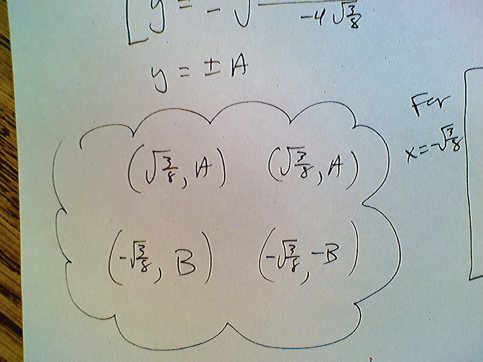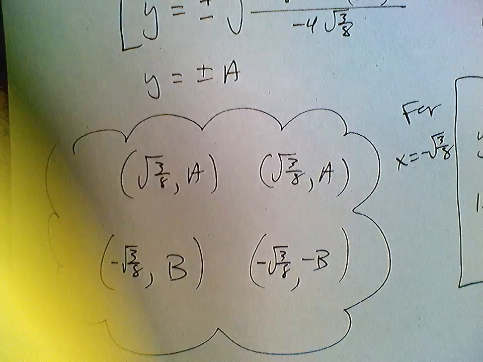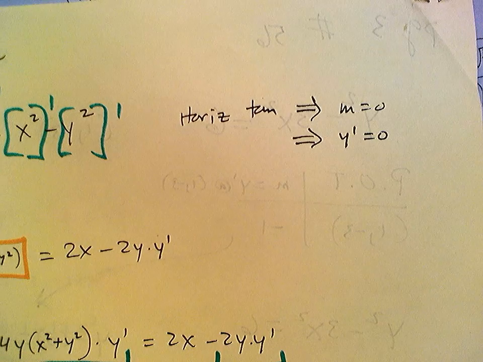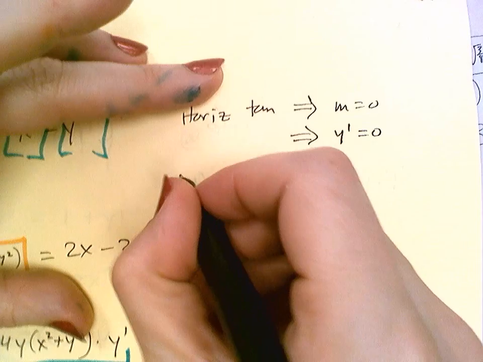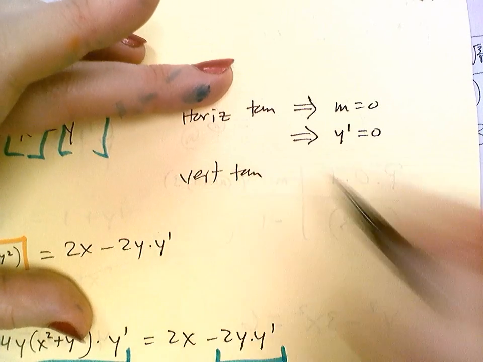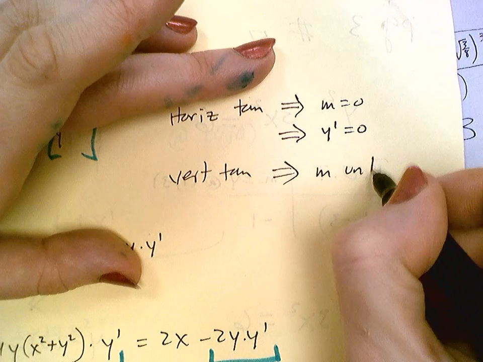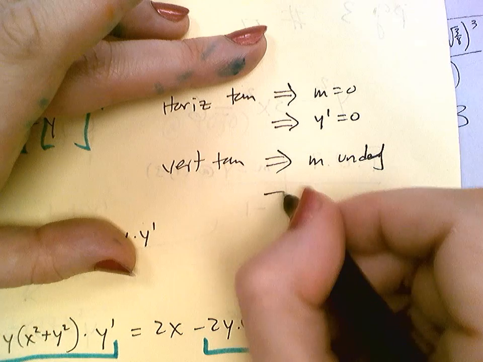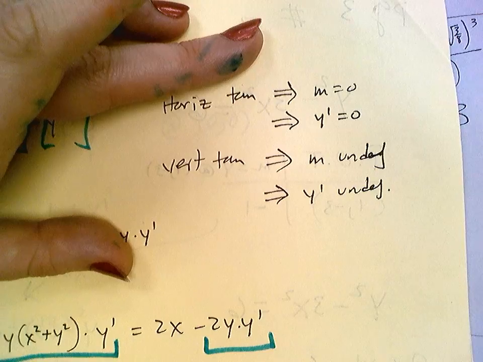So for the test, you really just need to know that for a horizontal tangent, the slope is 0, so the derivative is 0. And if it's a vertical tangent, m would be undefined, which means that y prime is undefined.